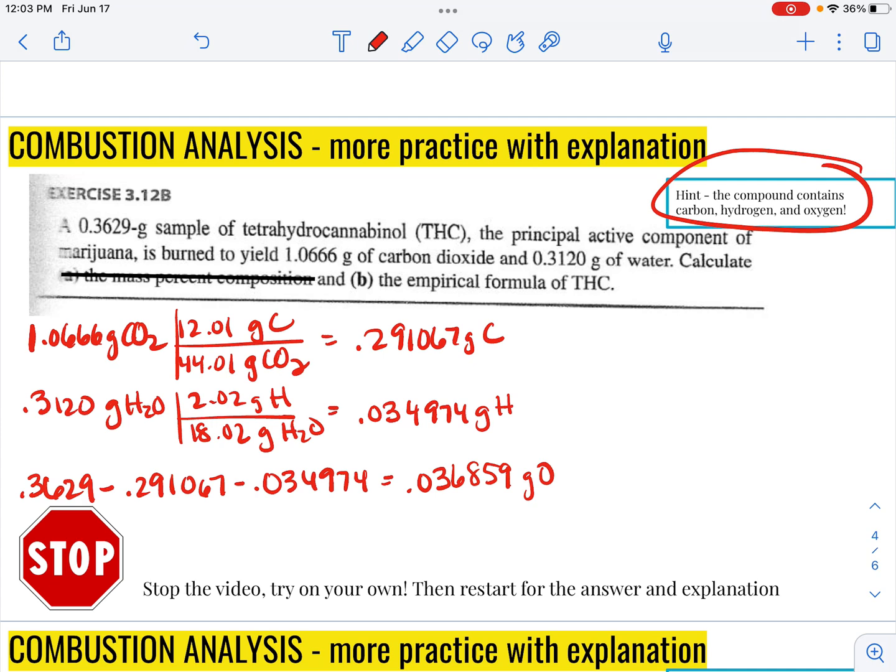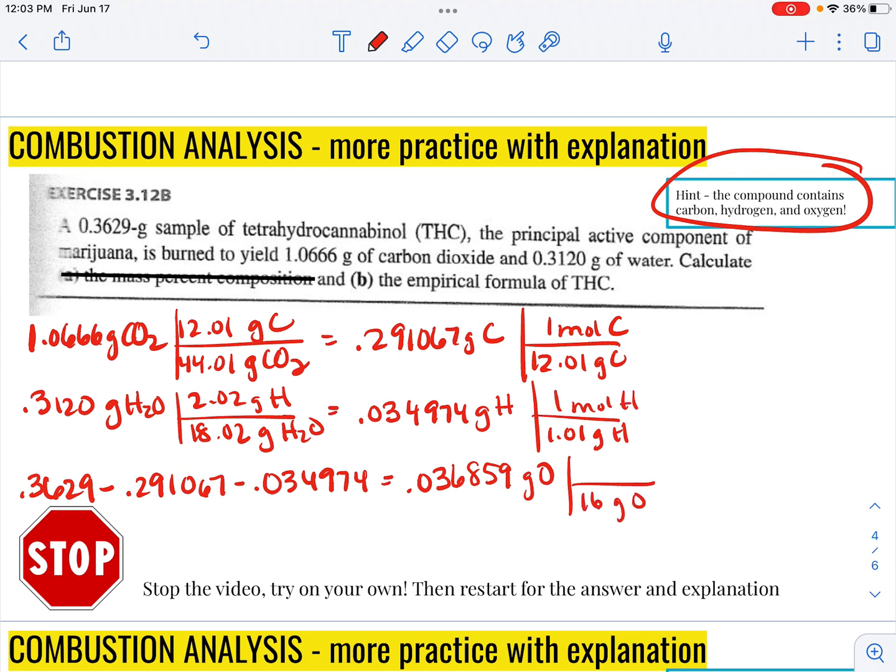So I have masses. I'm going to convert to moles. 12.01 grams of carbon in 1 mole of carbon, 1.01 grams of hydrogen in 1 mole of hydrogen, and 16 grams of oxygen in 1 mole of oxygen. And that gives me 0.024235, 0.034628, and 0.002303.